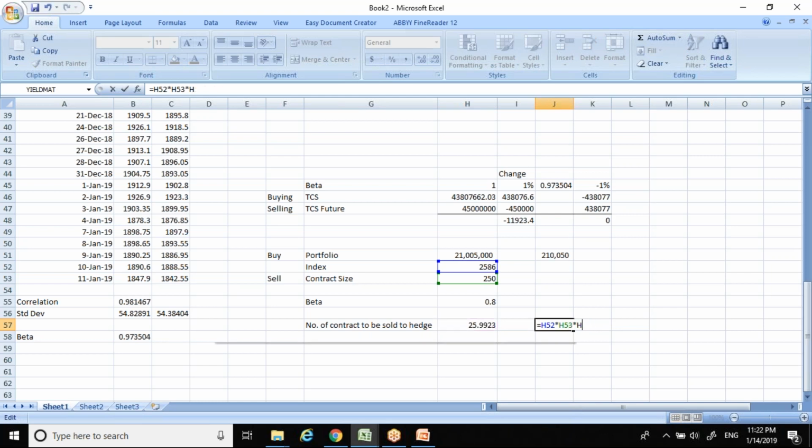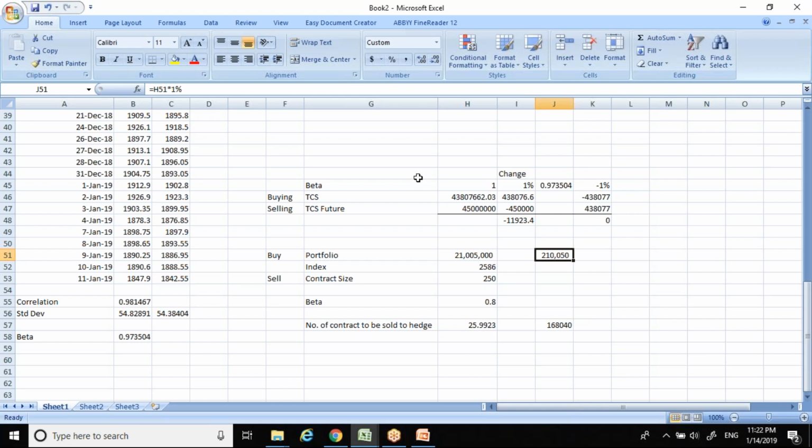The mistake I did. So the index changes 1%. Okay, the portfolio value will reduce less. If the index changes by 1%, the portfolio value will reduce less, multiplied by the beta.